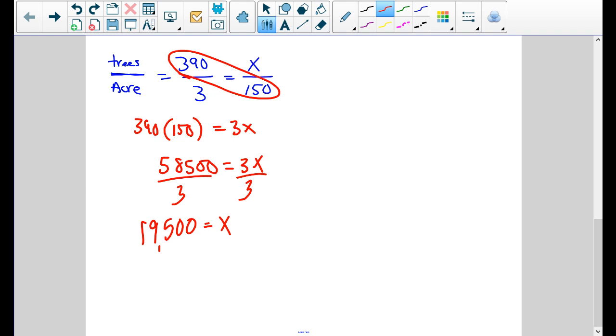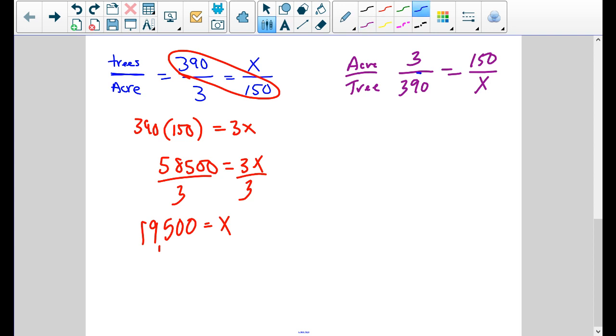Now, just so you see it, again, it doesn't matter how I set this up. I could put acres on top, trees on the bottom. So when I set up my proportion, now I have acres on top, so I have 3 on top, trees on the bottom, 390, acres on top, which is 150, trees on the bottom, don't know.